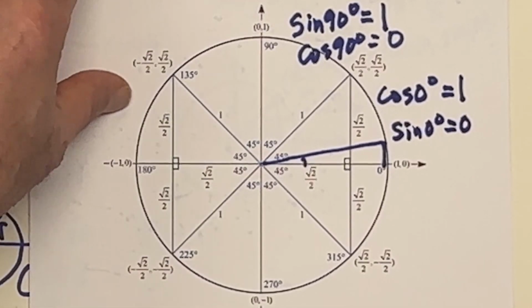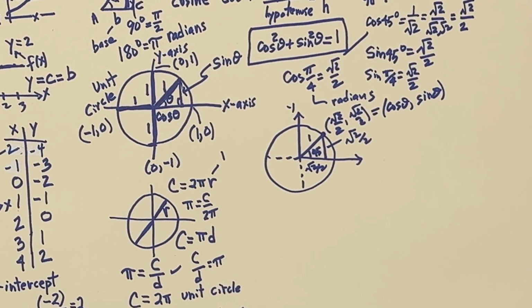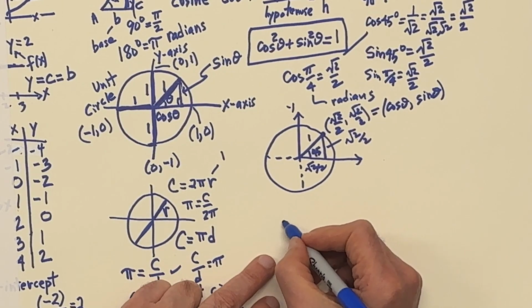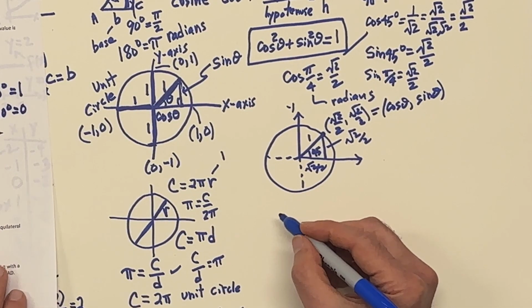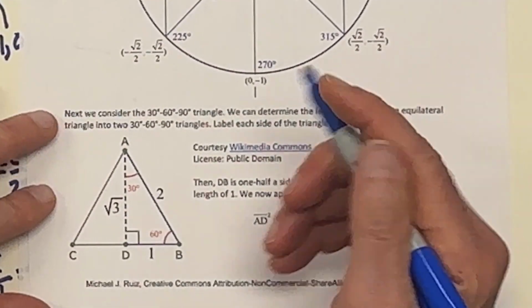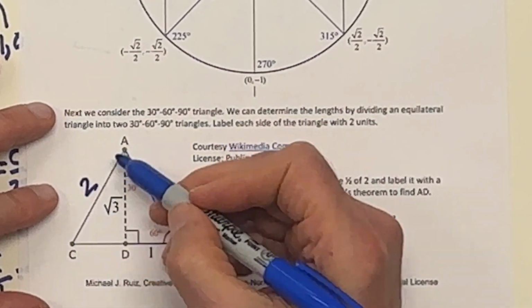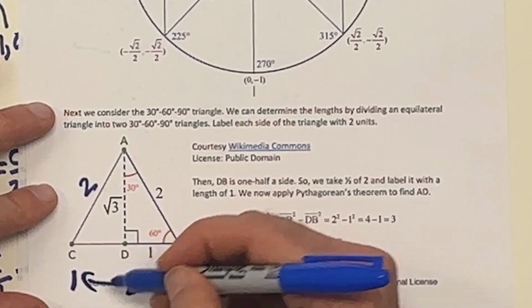So I'm trying to review for you in a short period of time a lot of trigonometry all at once. And to continue with another favorite triangle, we want to look at this cool triangle here, which I have in the text, where this side is 2, this side down here is 2, and this side is 2.